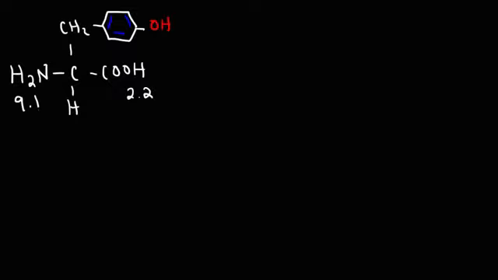For the amino group, it's 9.1. For the hydroxyl group, most phenol groups have a pKa of 10. Some textbooks say that this is 10.5, 10.9, 10. It's somewhere around 10, but for the sake of simplicity, let's say it's 10.5. So using this information, calculate the isoelectric point of tyrosine.